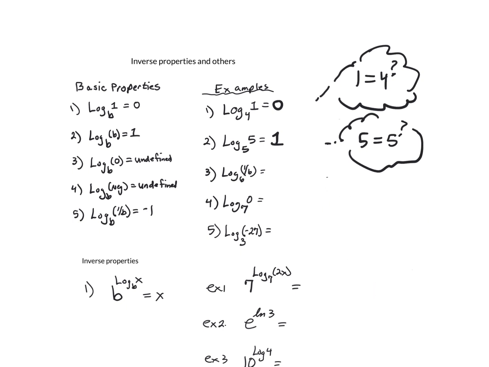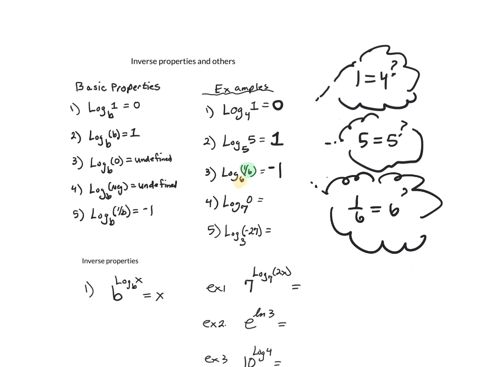And notice how these are reciprocals of each other. So the base is 6, but the of part is the reciprocal of 6. So when the base and the of part are reciprocals of each other, it would be -1. And again, you don't have to memorize that, because you can just say 1/6 is equal to 6 to the what power? And wouldn't that have to equal -1 to make that a true sentence?